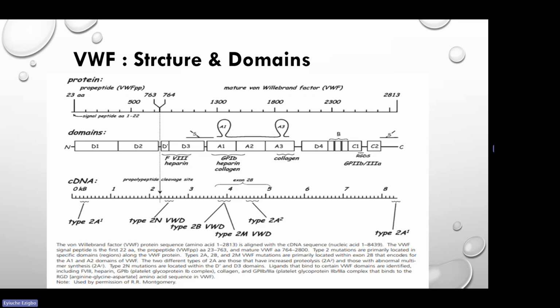This one shows the domains of the von Willebrand factor. Each of these functional domains, for example collagen, binds to von Willebrand factor at this A3 domain. So these are the functional domains where it binds to its ligands.